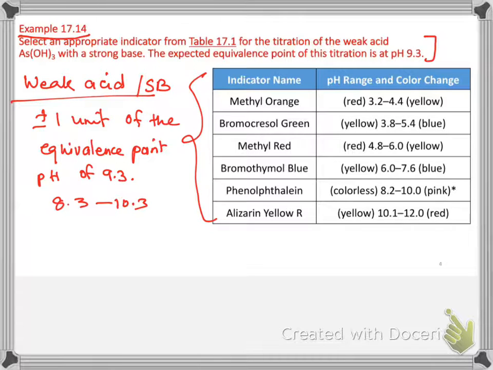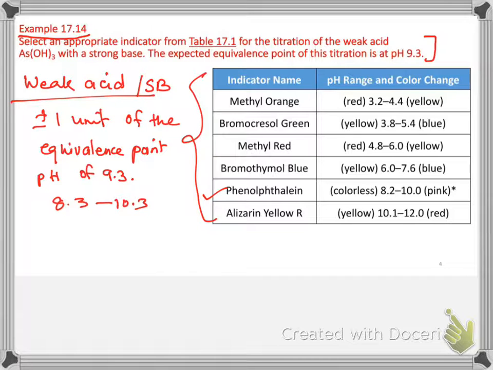Now, if you look at the list, you will see, okay, phenolphthalein should work because it shows the color change between 8.2 to 10. But since you're starting with an acid and adding the base, the pH will start low and increase, approaching this range from the lower end.